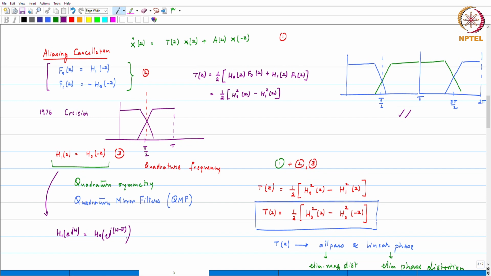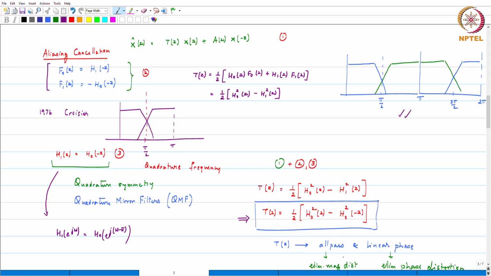Now, if this condition is satisfied, we now have condition number 3. And with this, the T of z is now modified to get the following expression, where T of z is equal to 1/2 of H0 squared of z minus H0 squared of minus z. So basically, the entire expression for the transfer function is now expressed in terms of a single filter H0 of z.